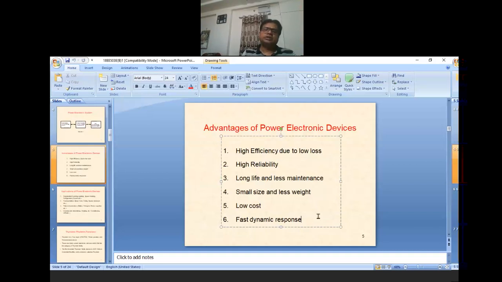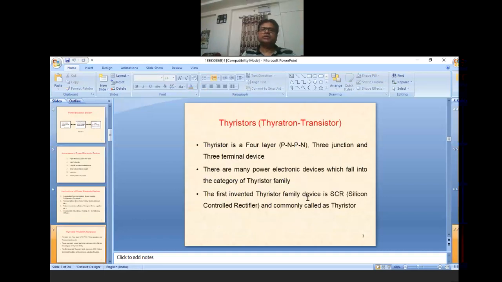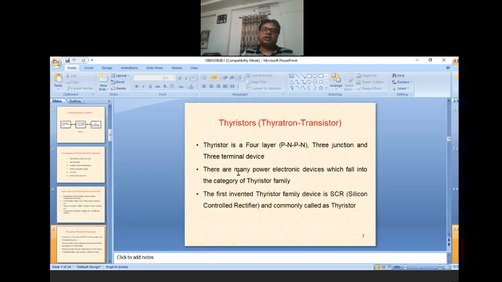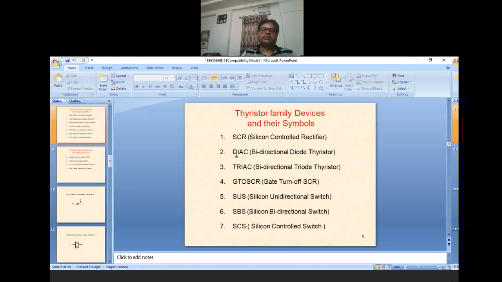Thyristor is a word derived from the combination of thyratron and transistor. The first invented one was made up of silicon, and it is also called SCR, silicon controlled rectifier.